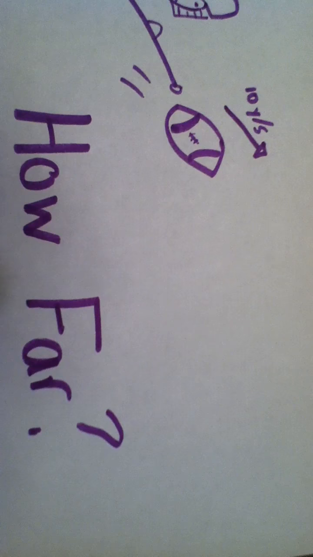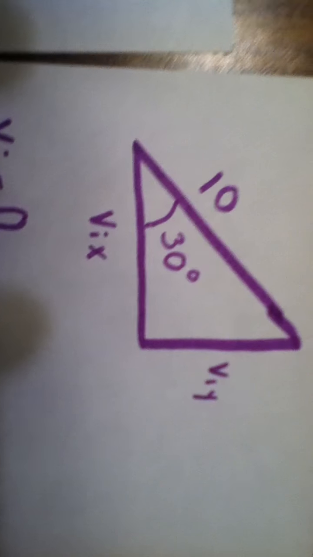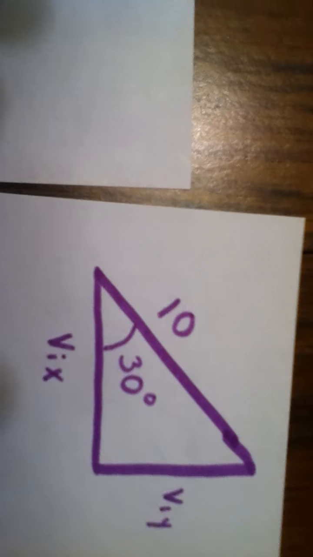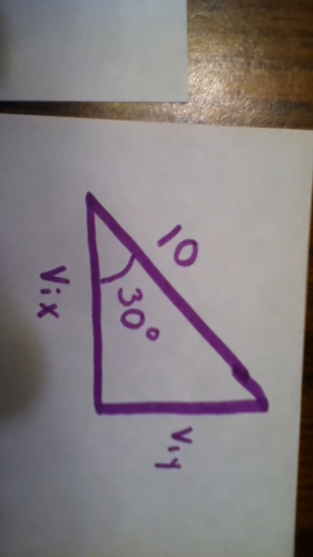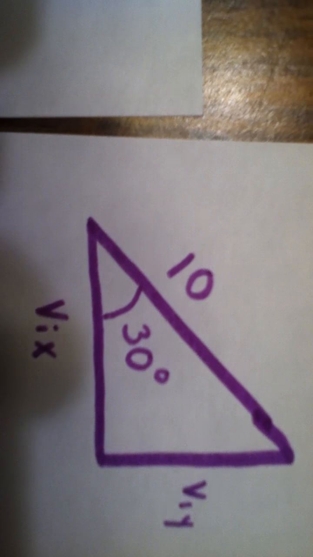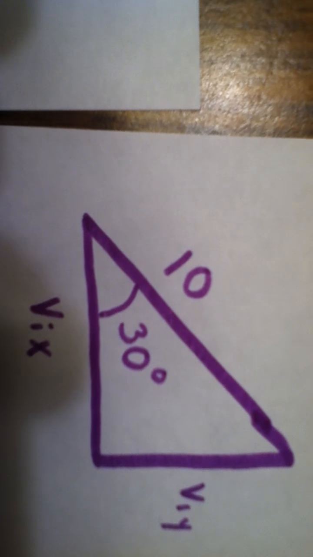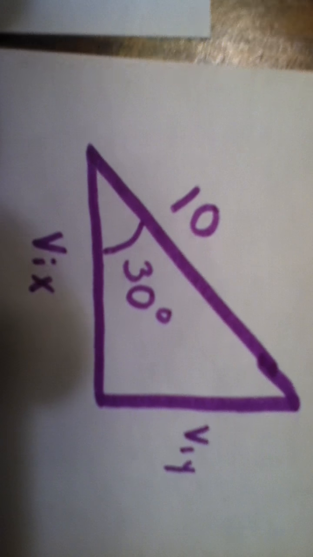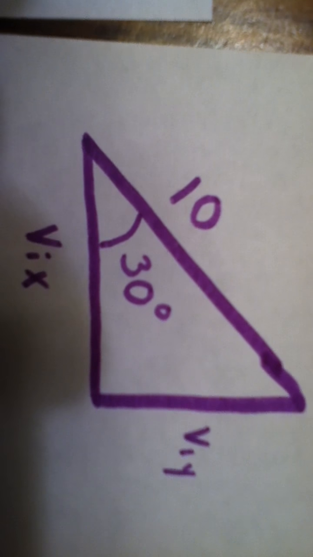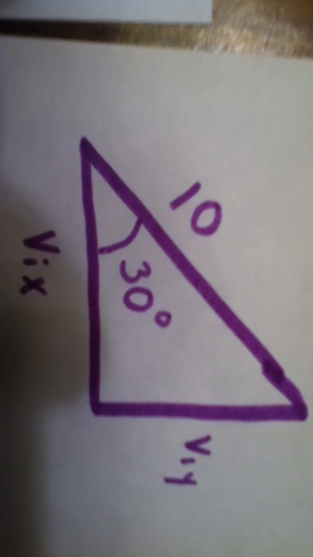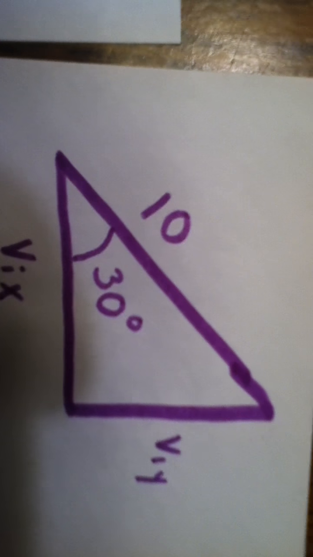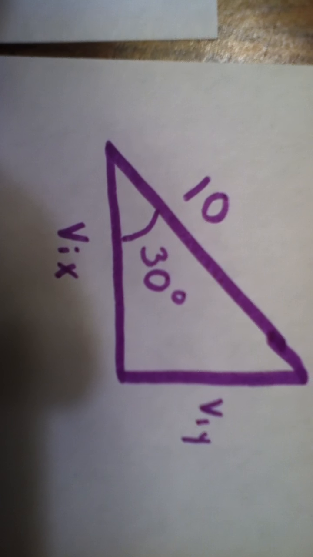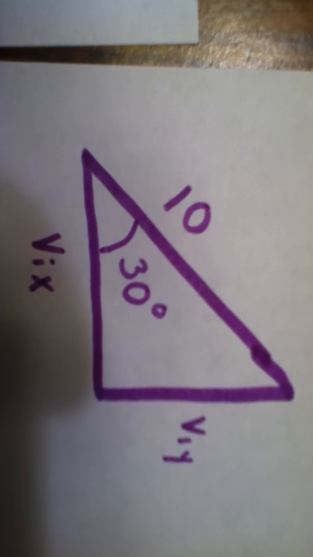And next we are going to look at the triangle that describes the vector components of the quarterback's throwing speed. The hypotenuse of this triangle is 10, representing 10 yards per second. The angle that he releases at is 30. And you can break the two other unknown legs into the velocity in the x and the velocity in the y.